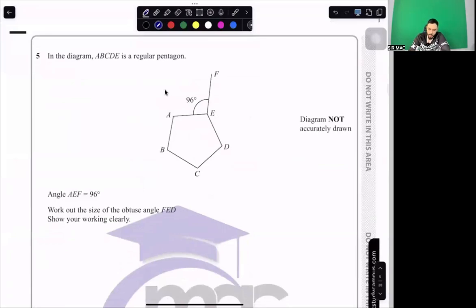In the diagram, A, B, C, D, E is a regular pentagon. Pent means 5 sides. Angle AEF is 96. Work out the size of the obtuse angle FED.